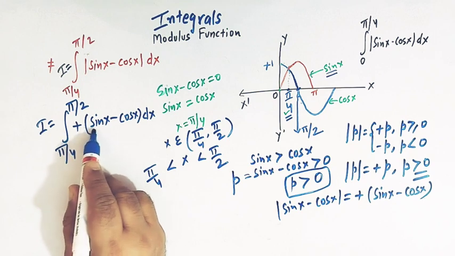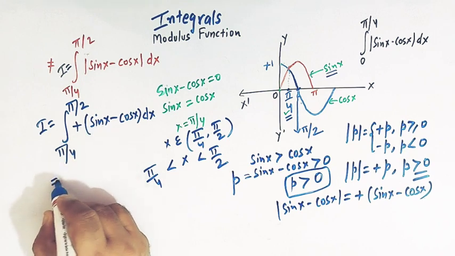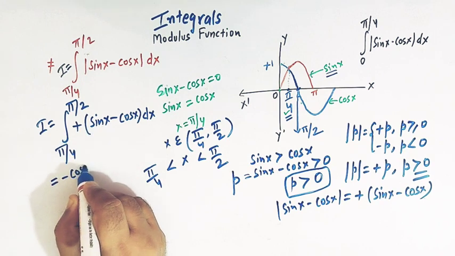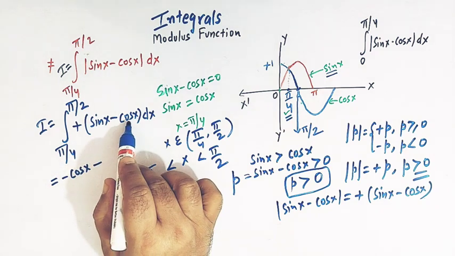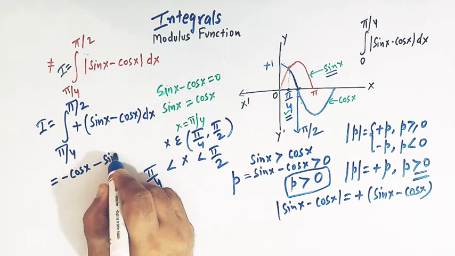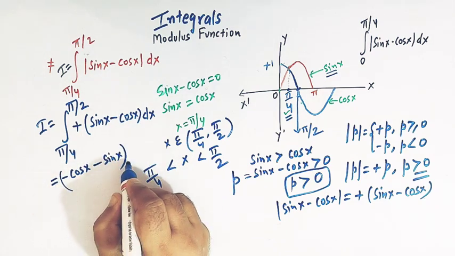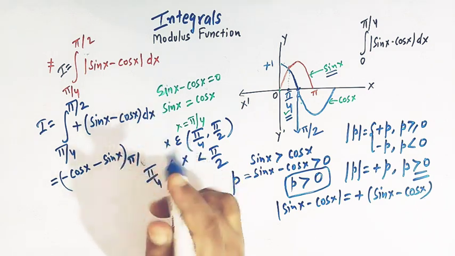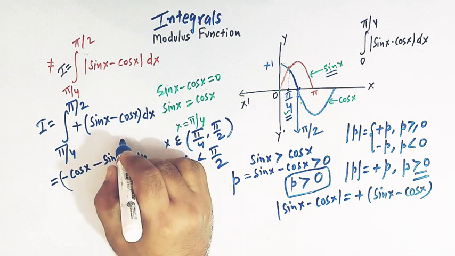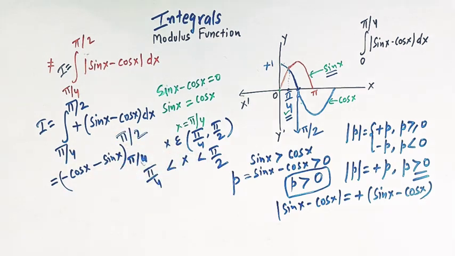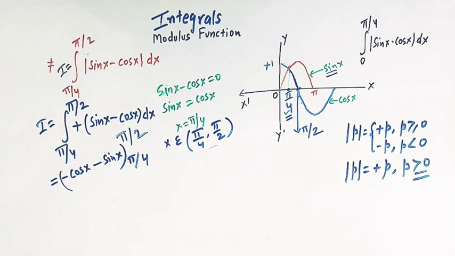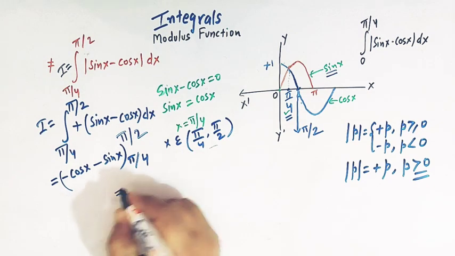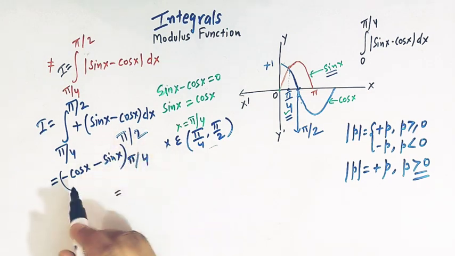Now the integral of sine x is minus cos x, and the integral of cosine x is sine x, with limits from pi by 4 to pi by 2. Let us substitute the limits and take the difference.